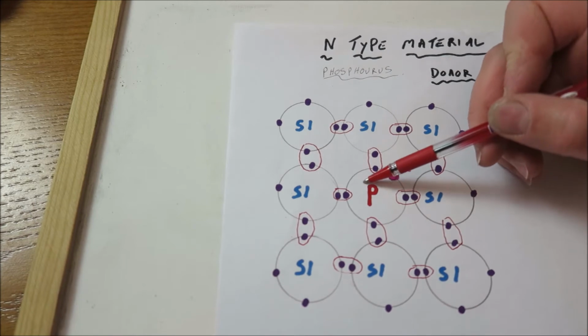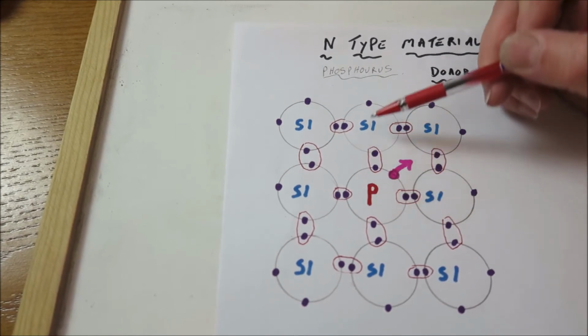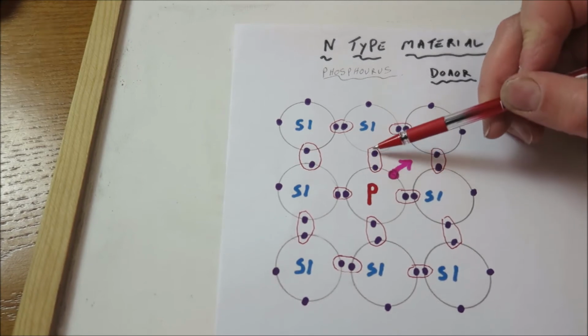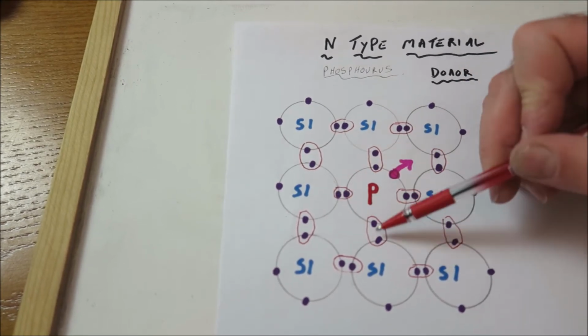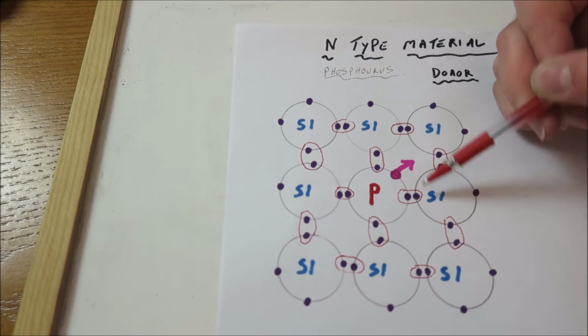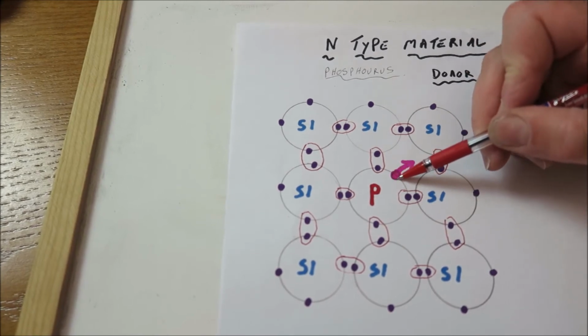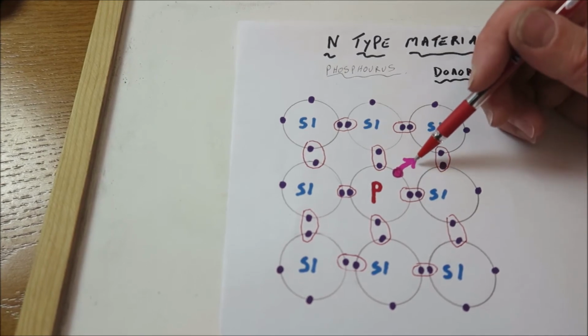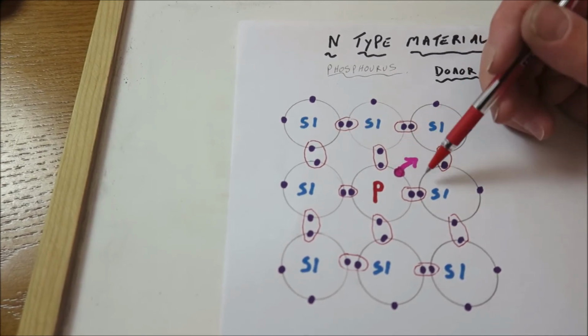So the phosphorus atom is going to bond with 4 silicon atoms. You can see the bond there, the bond there, the bond there, and the bond there. But now it's got an excess electron. So that frees up this electron for a bit of movement throughout the material.